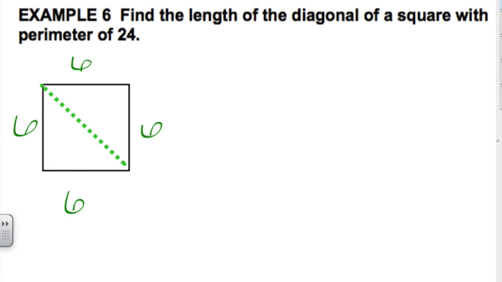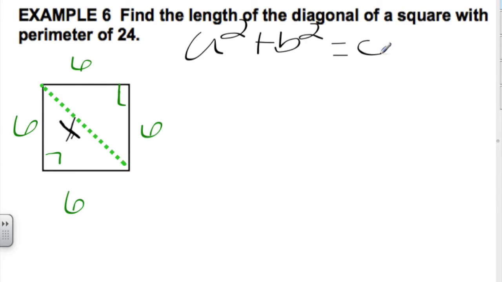It doesn't matter which one you draw because they'll end up being the same length. So now you'll notice here, because in a square there are all right angles, these are right angles here. So I'm solving for my hypotenuse in that right triangle, which we'll let be x. And the sides are my A and B.